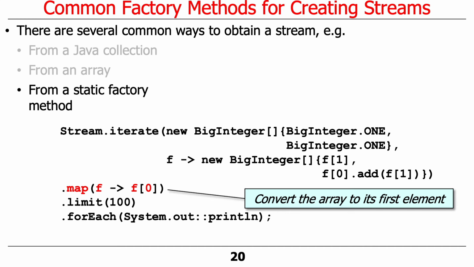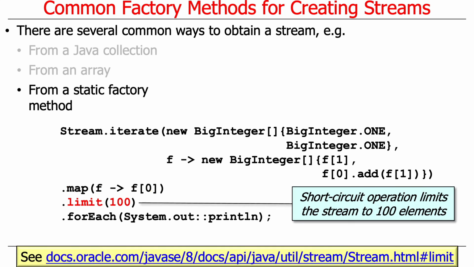So that'll be like 1, and then we'll end up with 2, and then we'll end up with... you just keep adding the Fibonacci sequence stuff together and it just grows and grows and grows. So that's going to make it basically a stream of big integers. And then we use the limit short circuit operation.